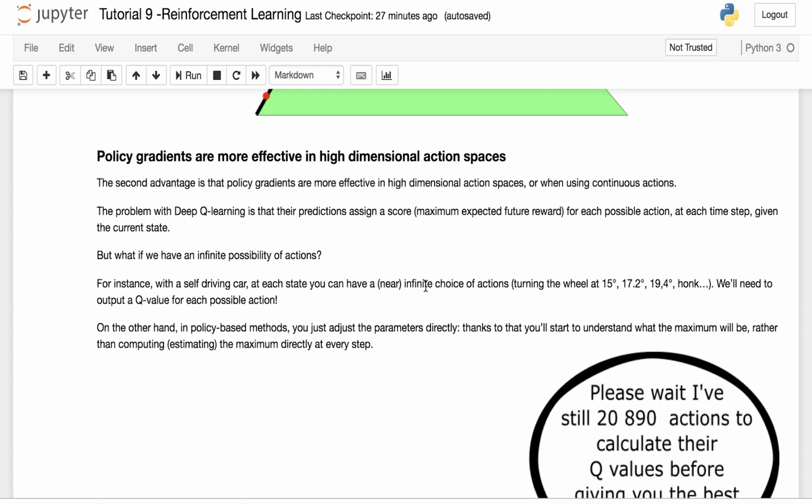For instance, with a self-driving car, for each state you have infinite choices. You can turn the wheel continuously, so you have an infinite number of angles at which to turn your wheel.